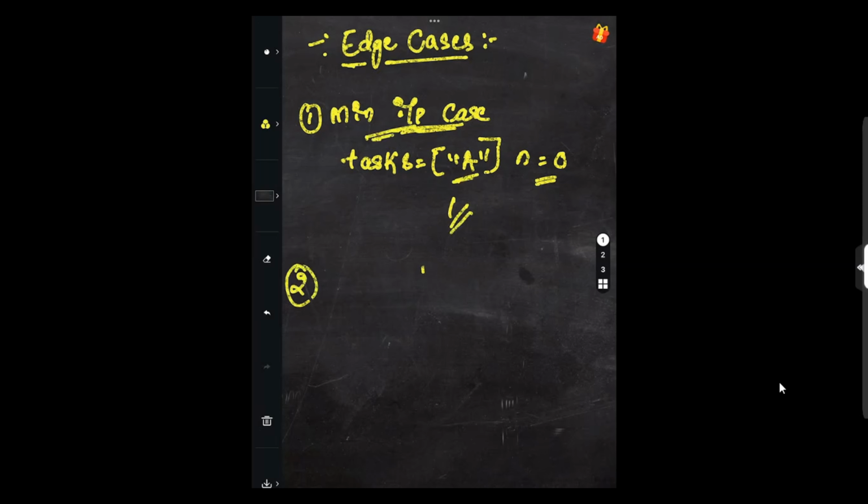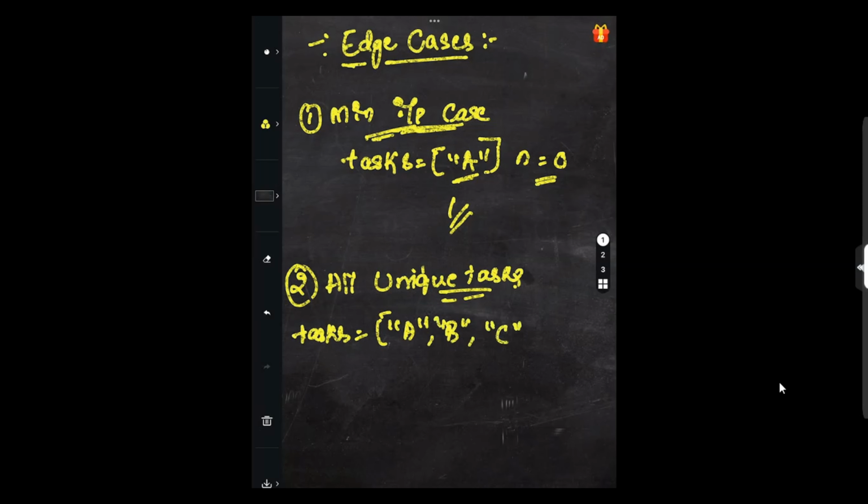So this is fine. Let's move on with the second edge case, nothing but all unique tasks. Here, when I say all unique tasks, let me consider tasks A, B, C, D, and finally E here.